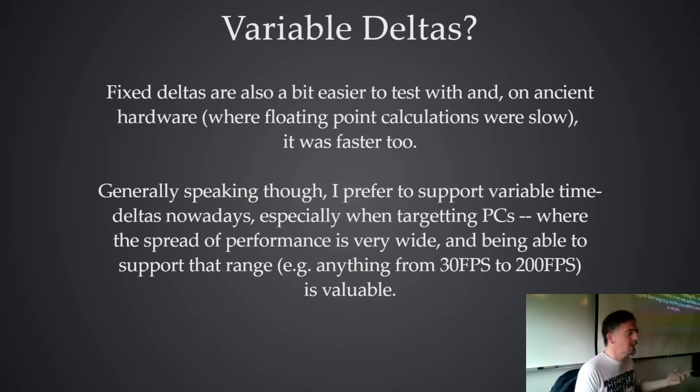You have the same game, and on one guy's machine it's maybe struggling to run at 40 frames a second, and then somebody else has got a super machine that's running at 120, no problem. You want to support both extremes. You don't want to force everyone to be at 60, which the slow guy can't do, and the fast guy could do faster than that if only you let him. So I quite like variability where possible.